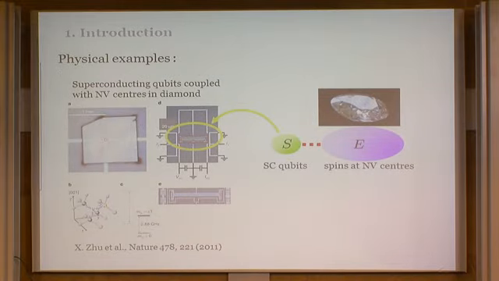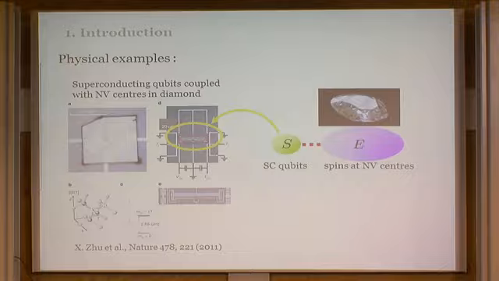So this is a physical example we have in mind of such a situation. At the center of this picture, there's a superconducting qubit, and this white stuff on it is a diamond with NV centers in it. There are loads of NV centers in this diamond coupled with the superconducting qubit.